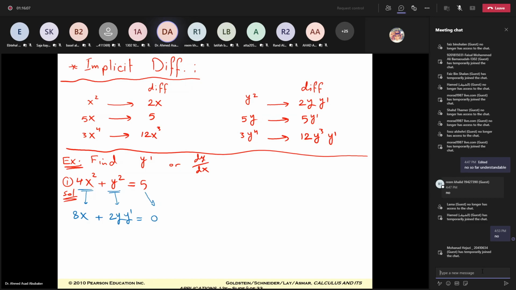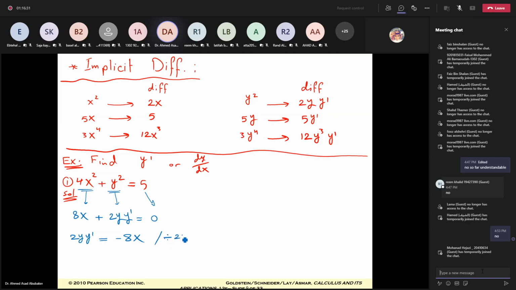After finding the derivative, put all terms with y prime on the left and other terms on the right. So we have 2y prime on the left, and other terms on the right. After that, divide by the coefficient of y prime.